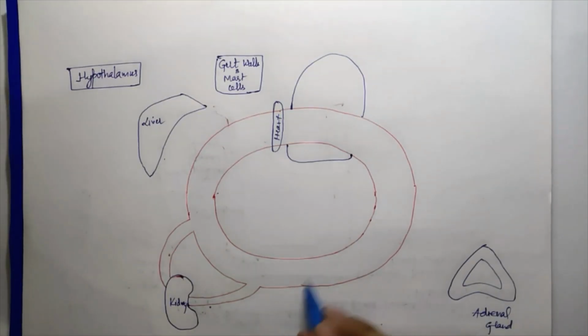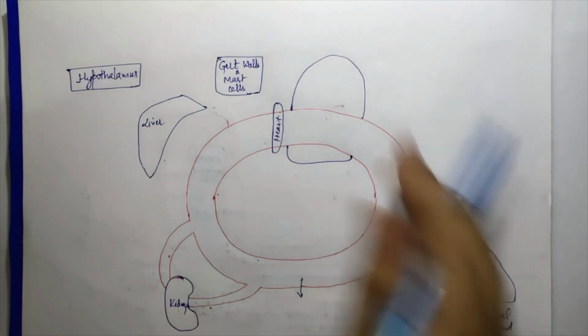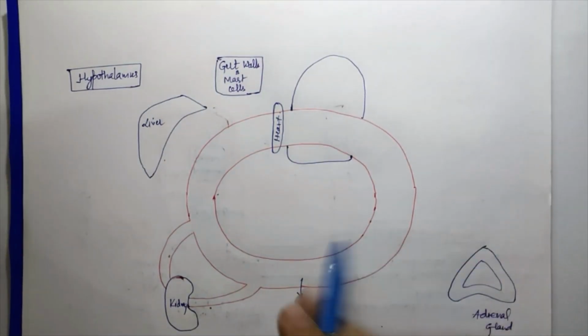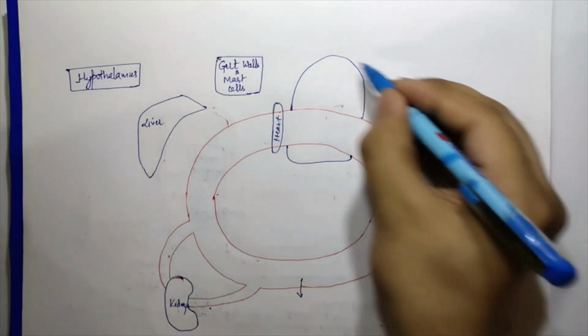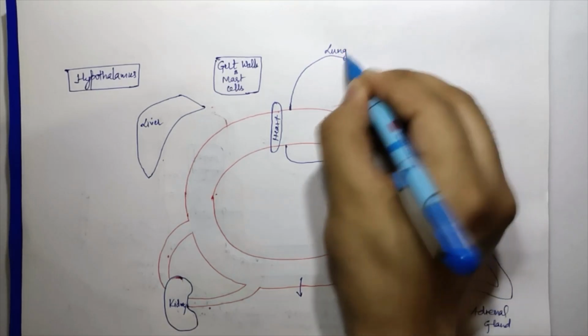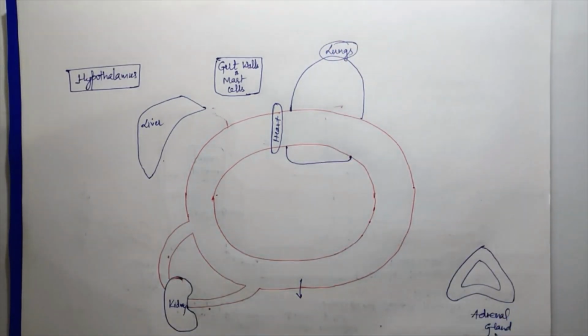So coming to main circulation, suppose this is the whole arrangement. I have drawn this structure. This is main circulation, kidney, liver. This is pulmonary circulation that involves lungs, and this is the adrenal gland.